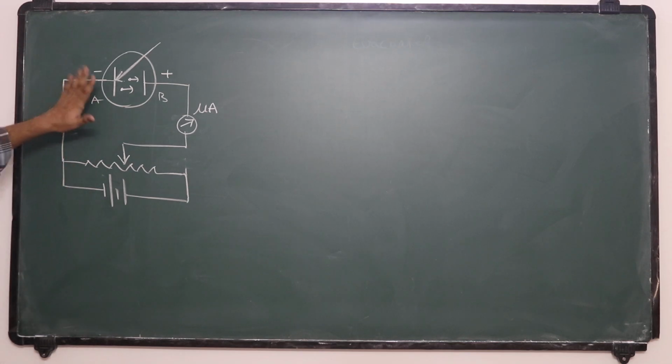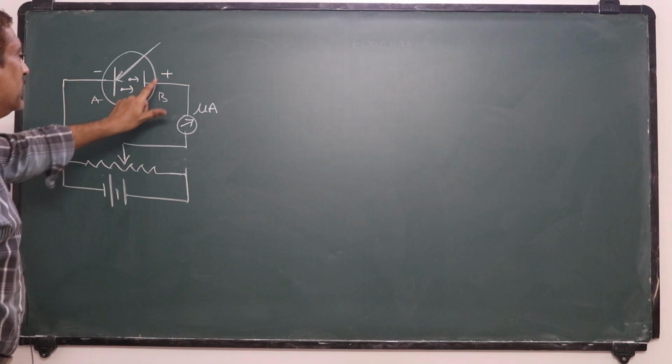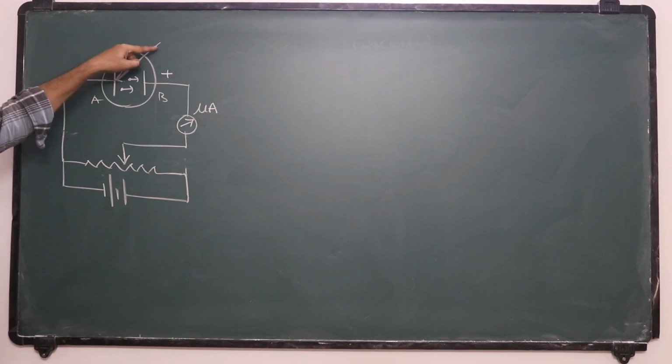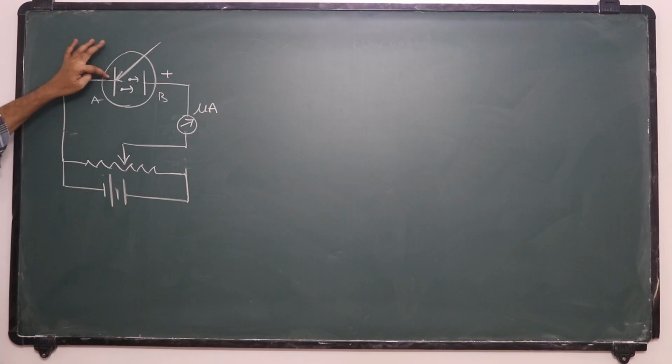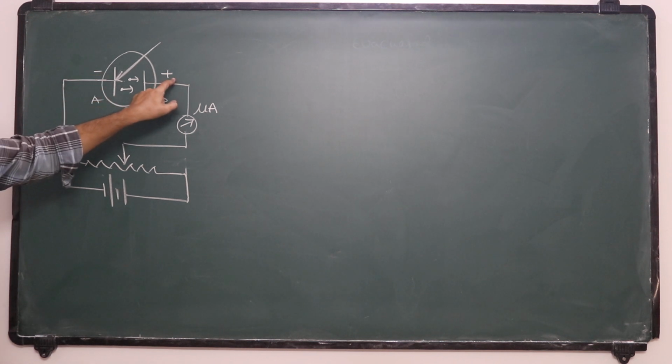Now first we consider that positive potential is applied to plate B and negative potential to electrode A. When light is incident on this metal plate, electrons are emitted from the photosensitive metal, and those electrons are accelerated by the positive potential.